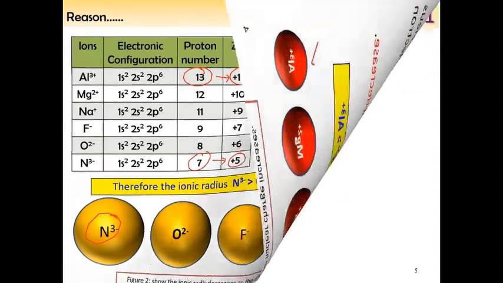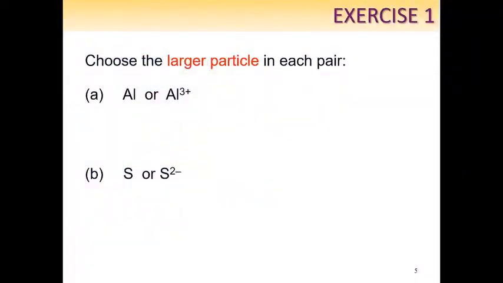Now let's discuss exercise 1. This exercise needs you to choose which particle is larger. It is a comparison of size between an ion and its neutral atom. The first species we are going to compare is aluminium and aluminium 3+.